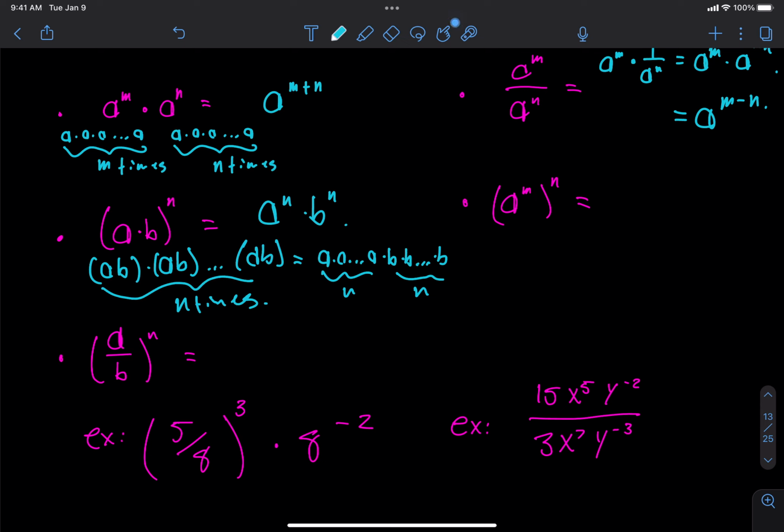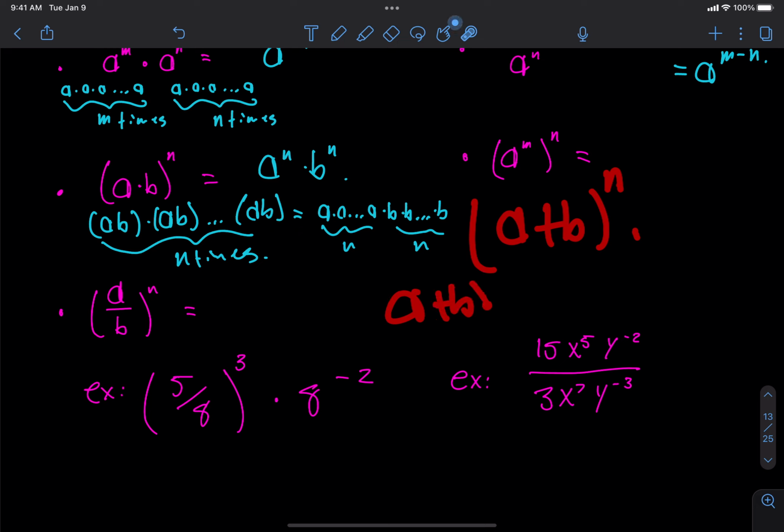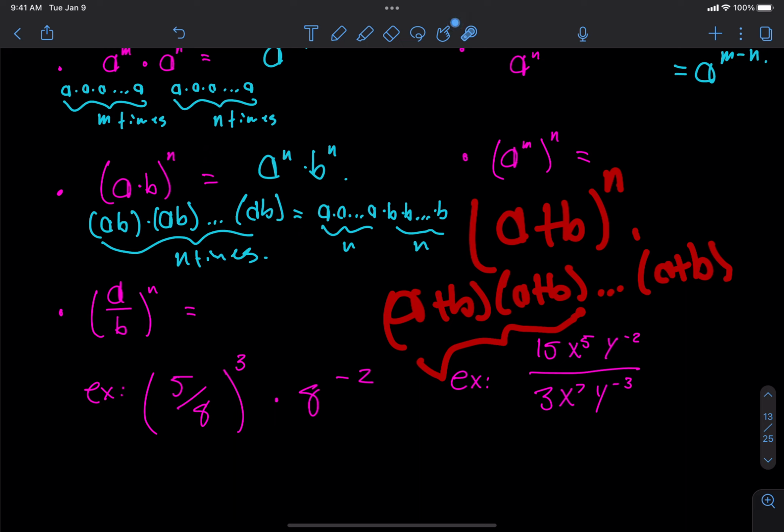Now, I want to caution you that this is not true if we have something like a plus b to the n. What do I have to do if I do a plus b to the n? Well, I have to rewrite this as a plus b times a plus b dot dot dot times a plus b. And if I multiply these first two together, am I just going to get a squared plus b squared? No, what else am I going to have?